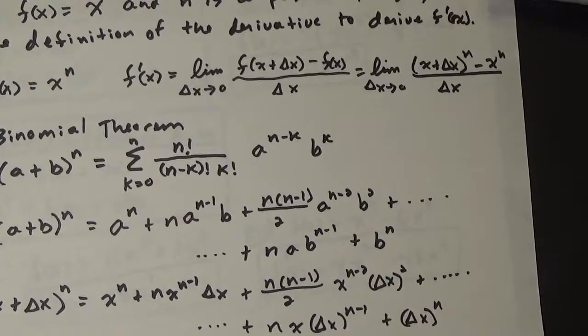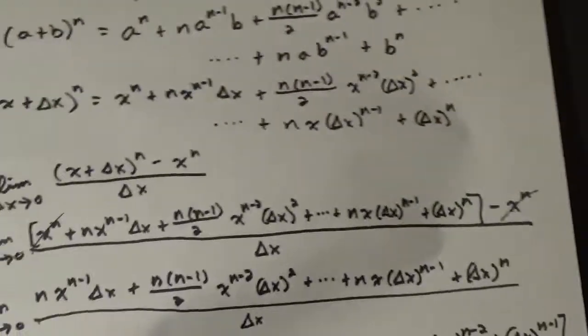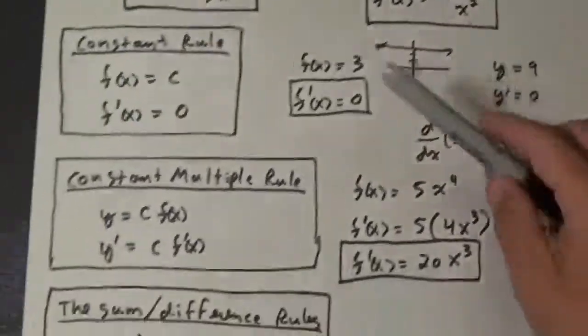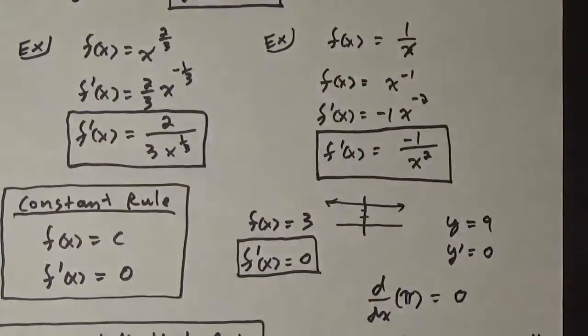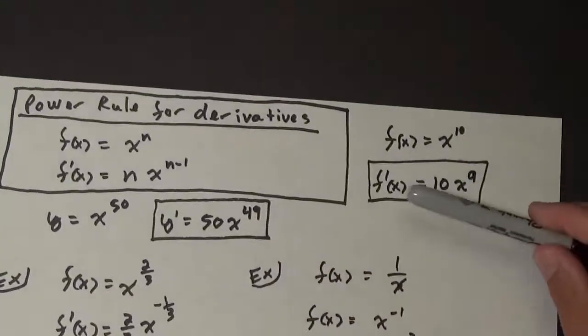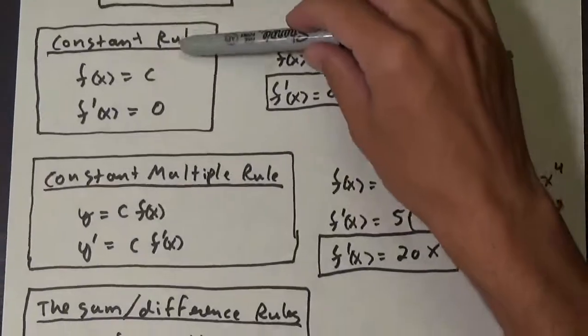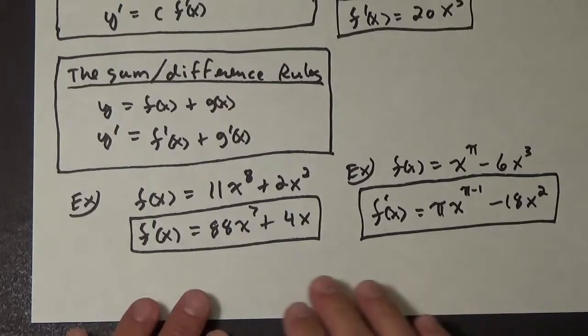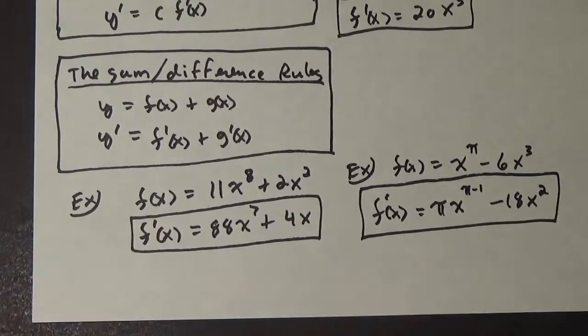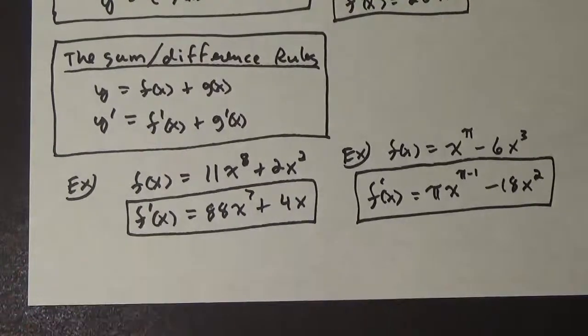Some teachers might not, but some teachers may. So you have the power rule, and from the power rule we were able to see that it was much easier and more efficient to find the derivative. And then we had the constant rule, constant multiple, and the sum and difference rule. So basically, these last two examples were good examples of putting all those rules together.